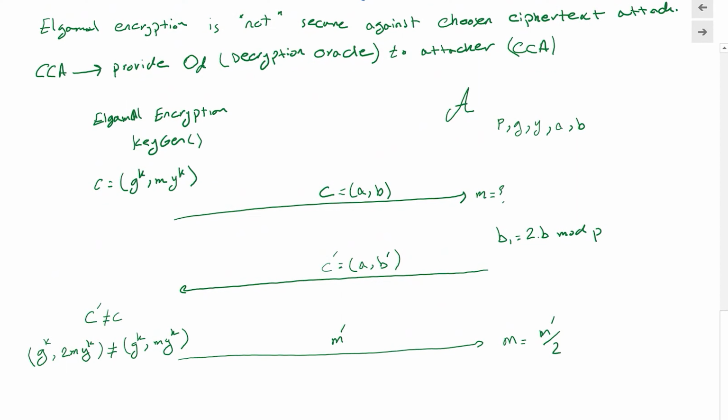The moment that he receives the challenge, with one query he can break the system and always recover the message M. So this is a moment where we need to understand that even though the ElGamal encryption system looks like it is secure under chosen plaintext attack, the moment that we open up this crypto system to the public, in a lot of scenarios CCA is a potential way for an attacker to attack live systems.